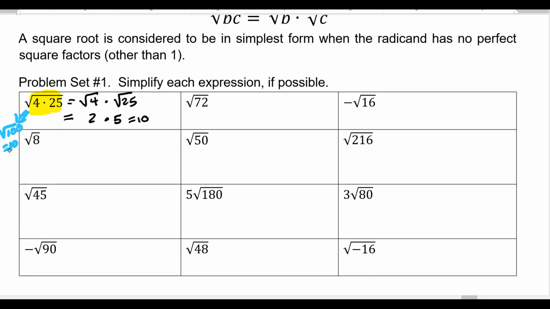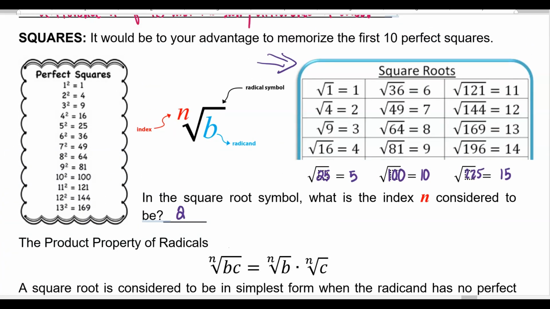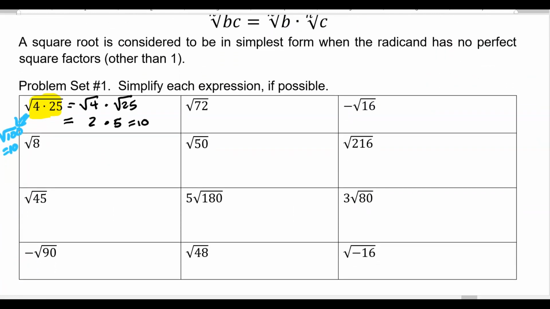Now let's move on to the square root of 72. 72 is not on our list of perfect squares. So in this case, the rule is if there is a perfect square factor in 72, we must simplify it.